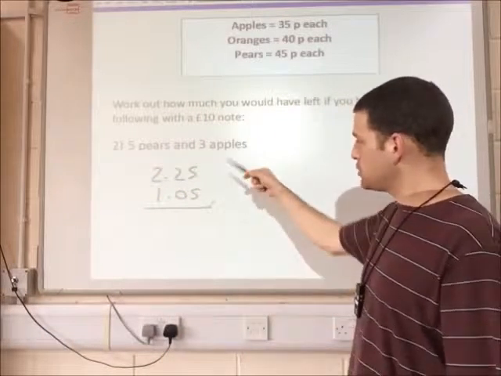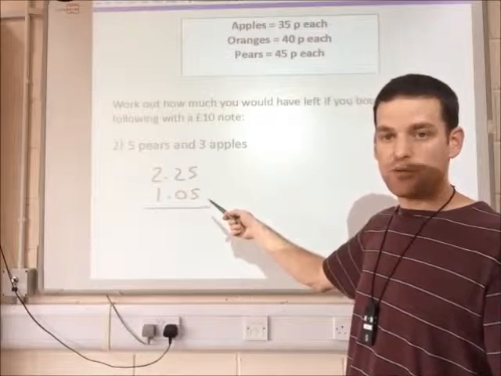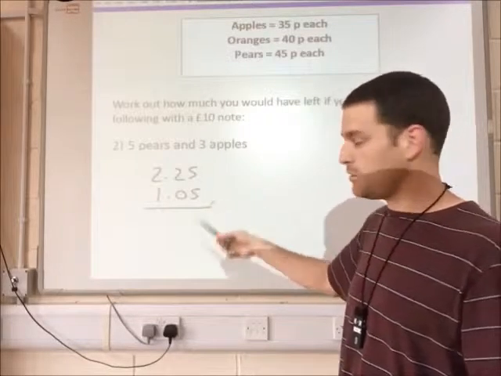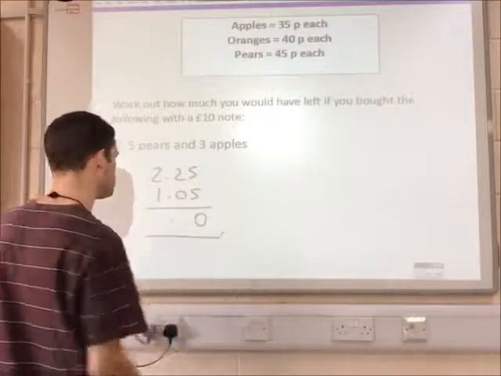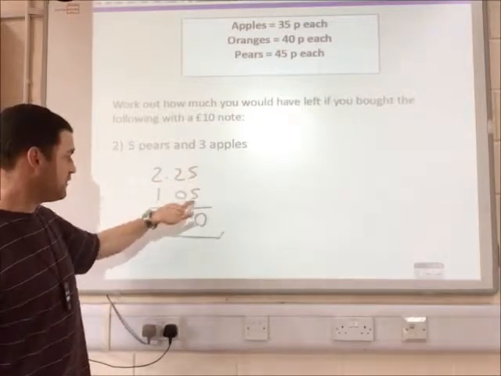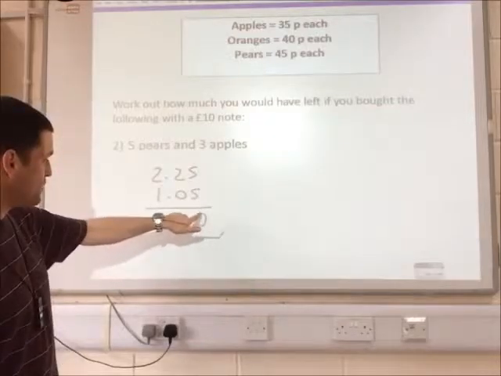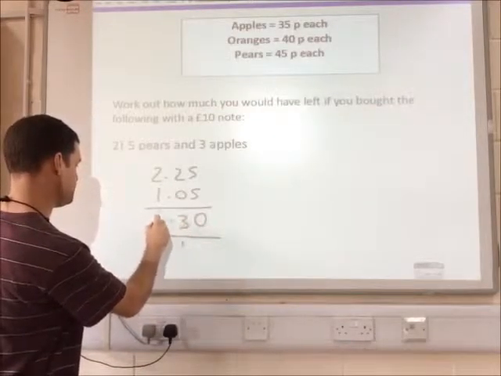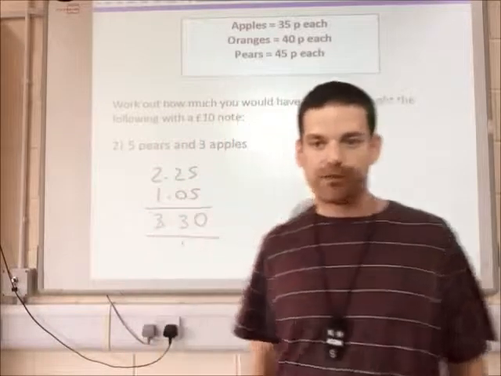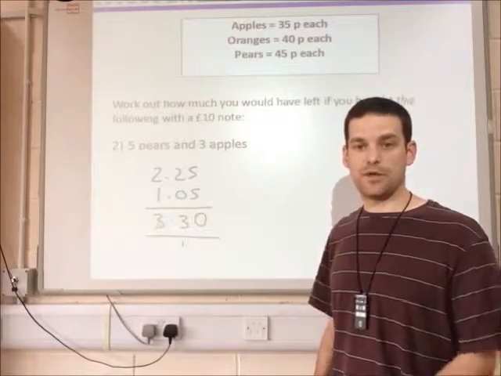So altogether, 225 plus £1.05 will give me the total amount. Okay, this time I've got 5 plus 5 equals 10, so I'll put a 0 there and carry the 1. So that gives me a total of £3.30.